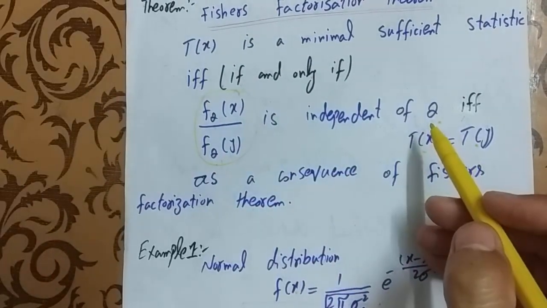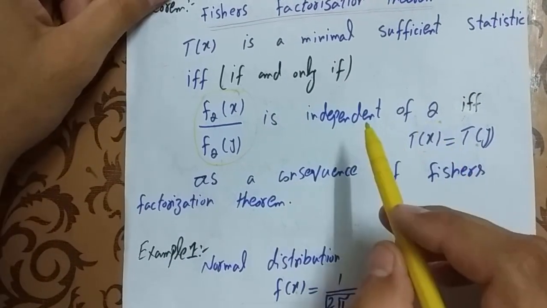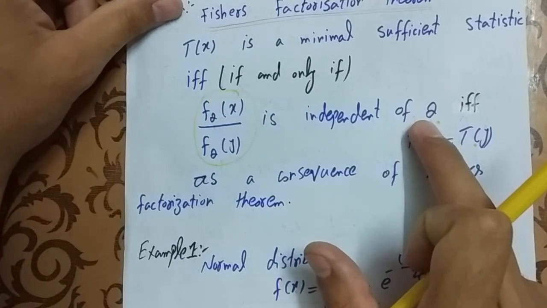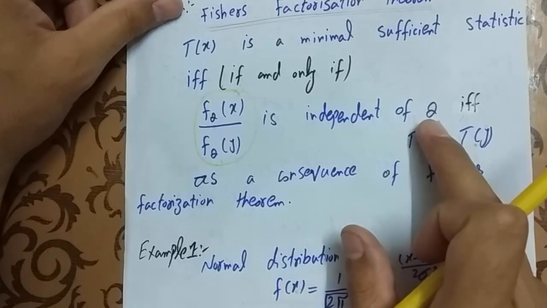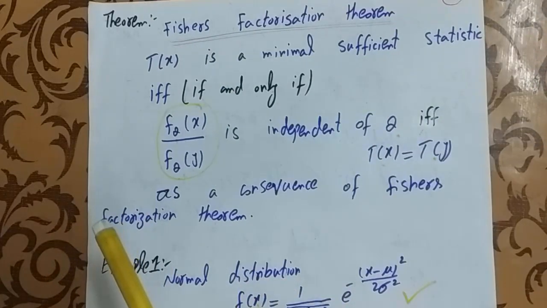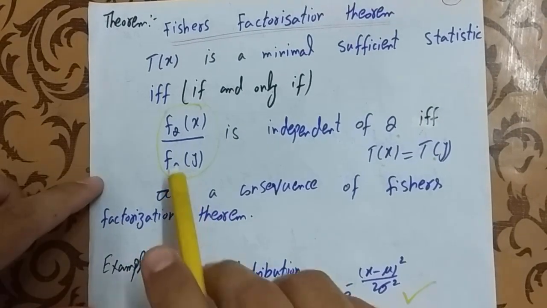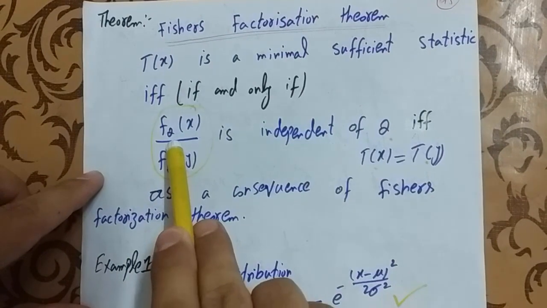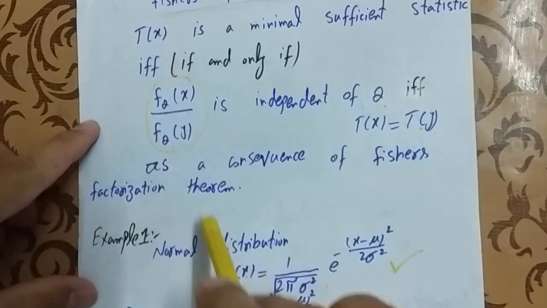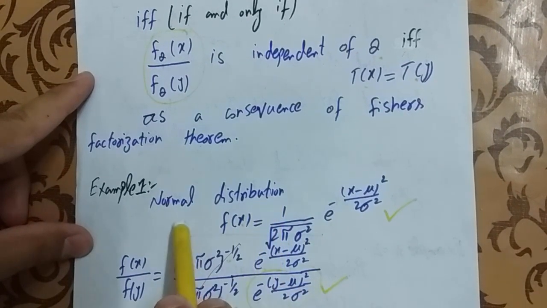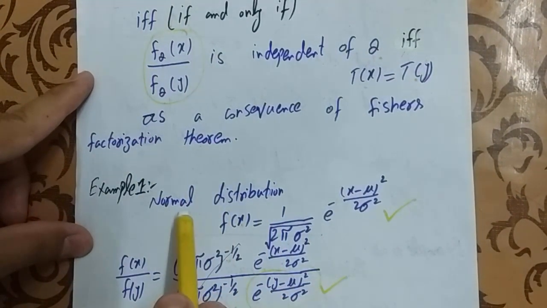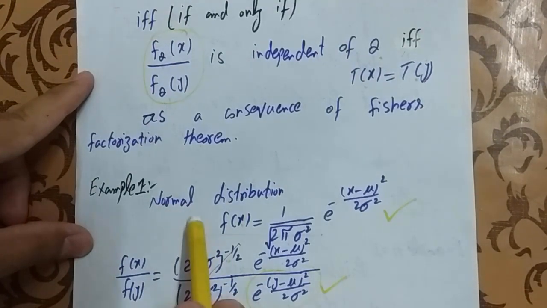We check whether this factor is independent of theta. Theta may differ from problem to problem. Here theta is the parameter, and in the normal distribution, theta is just like mu and the variance sigma.